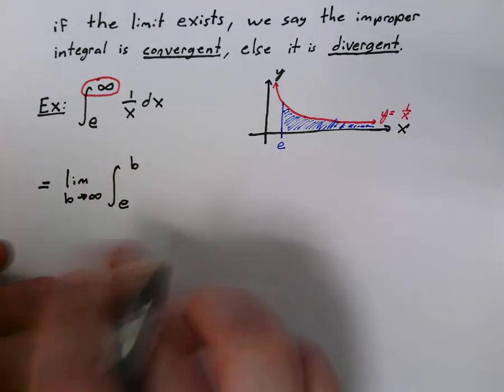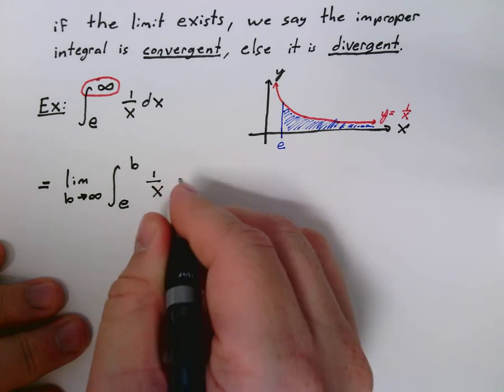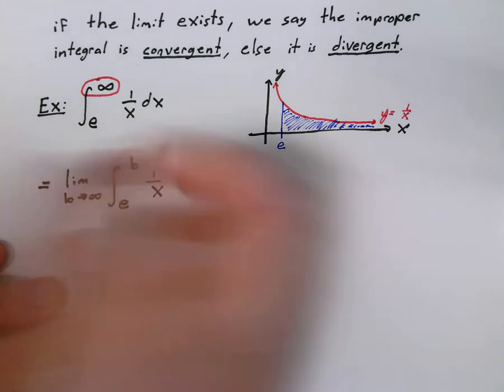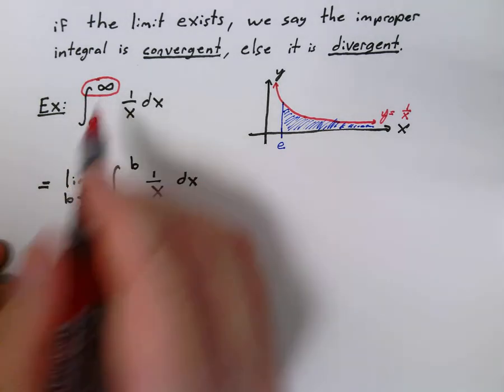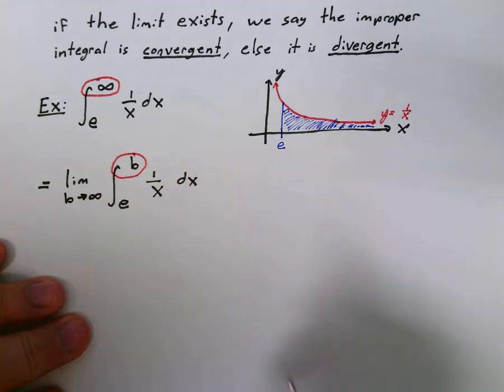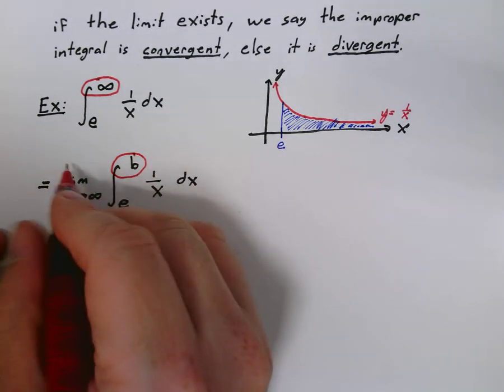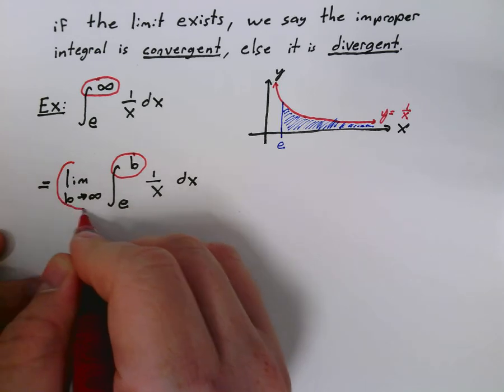So I'm only looking at a finite interval, 1 over x dx. So again, what I did was I took the infinity, turned it into a small number like b, whatever that is, any number from e on. So it could be 3, 5, 8, 10. And I'm going to allow that number to get arbitrarily large.